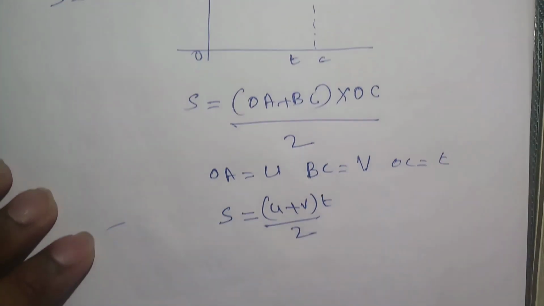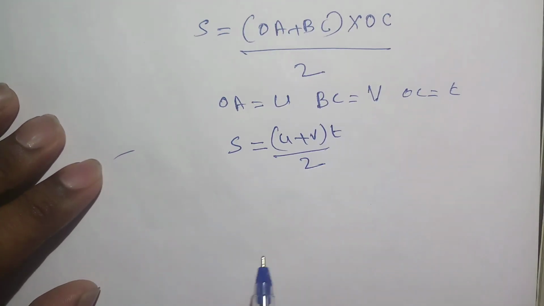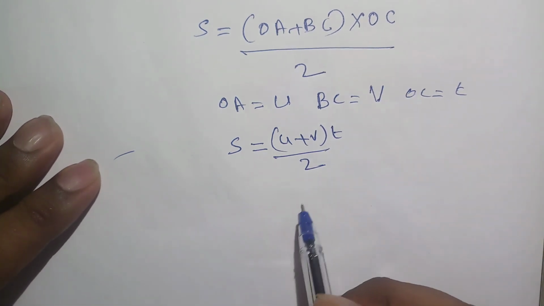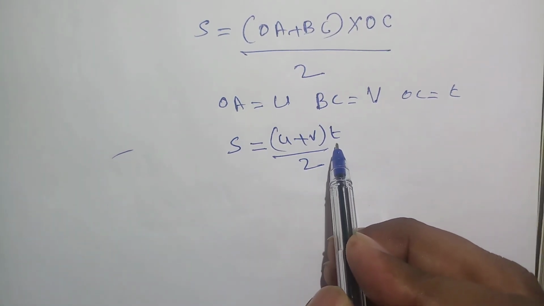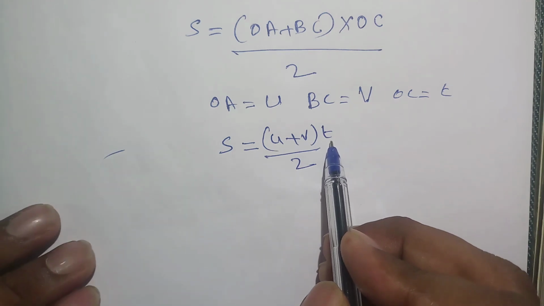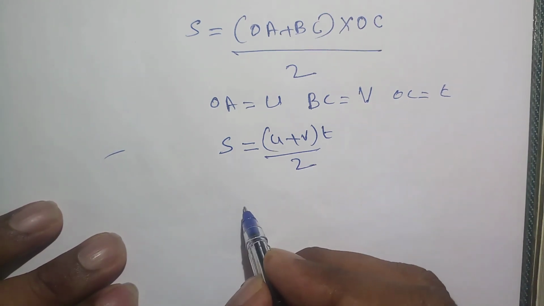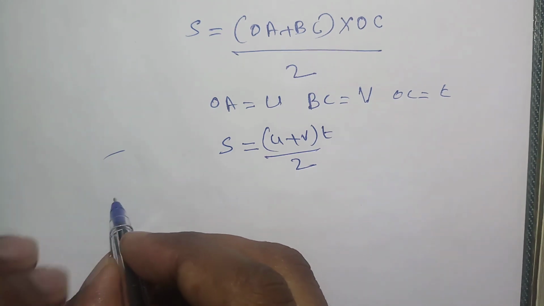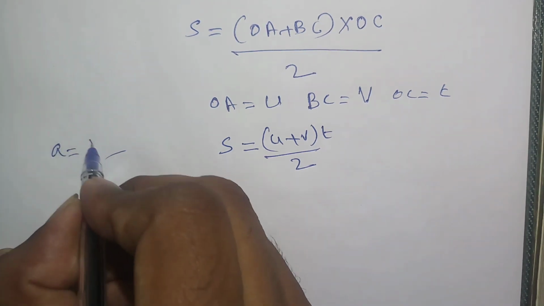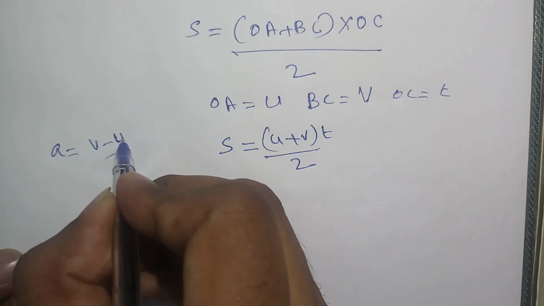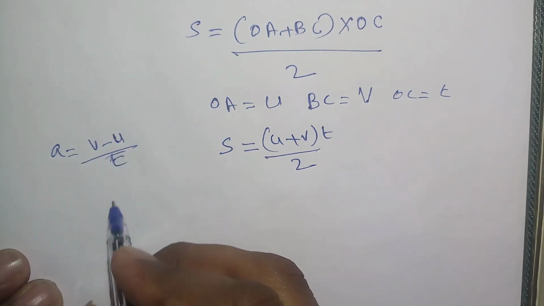But you remember one more thing, our equation was the equation for position velocity relation. In that, time should not come. So we have to remove this time. For that what we will do is, we have the equation acceleration is equal to change in velocity, that is a equals (v minus u) by t. Such an equation is there.